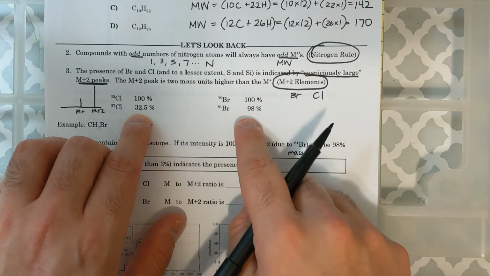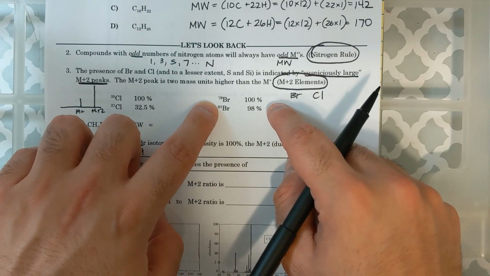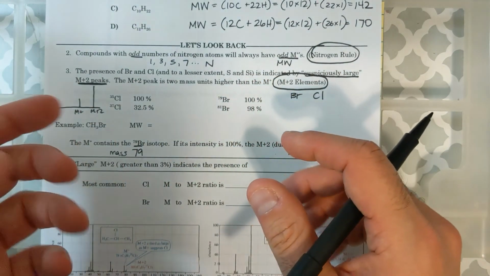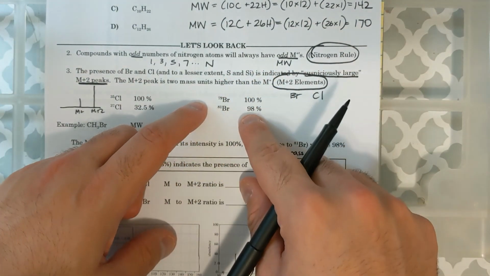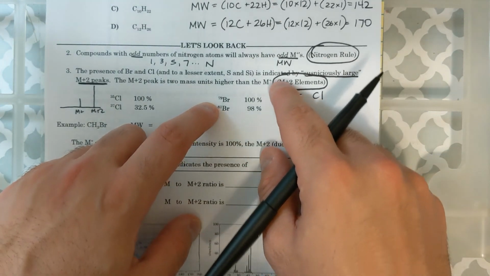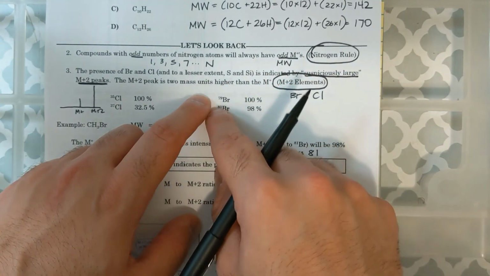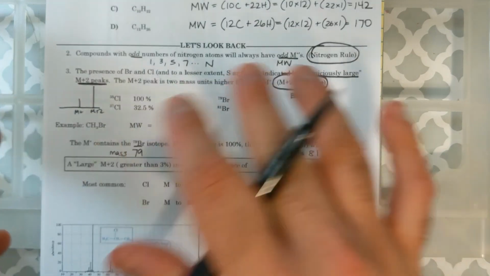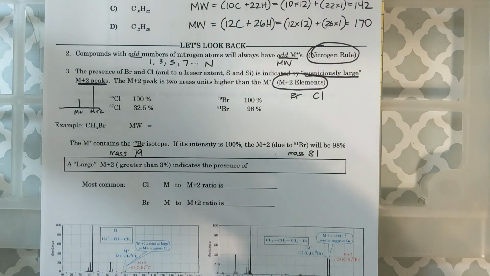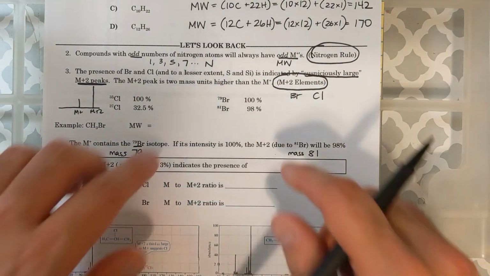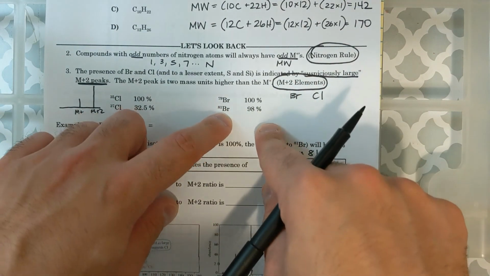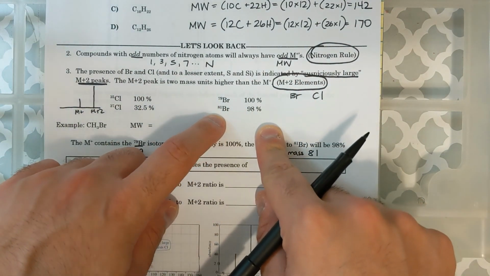Isotopes wise, if I have a sample of bromine, if I had like 100 particles, 100% of the particles could be 79. If I have even more particles between the two of them, like 198 particles, 100 of them would be bromine 79 and 98 of them would be bromine 81.